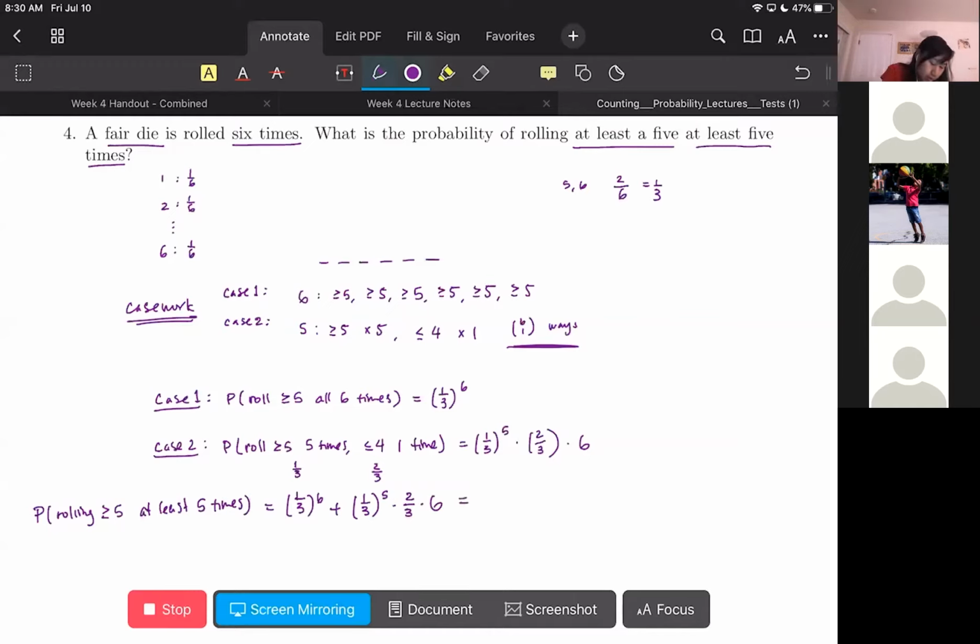If we expand this out, this is going to be 1 plus 2 times 6 over 3 to the 6th, which gives us 13 over 729. Any questions on this one?